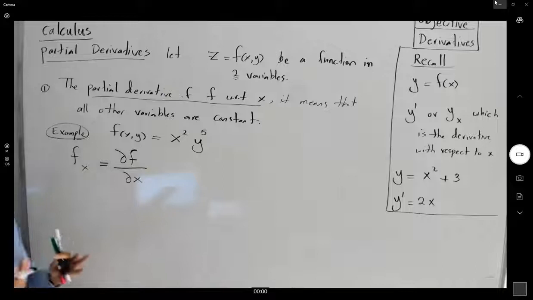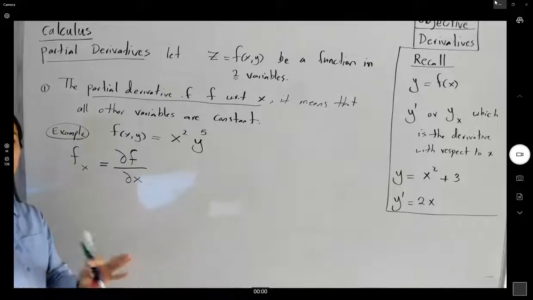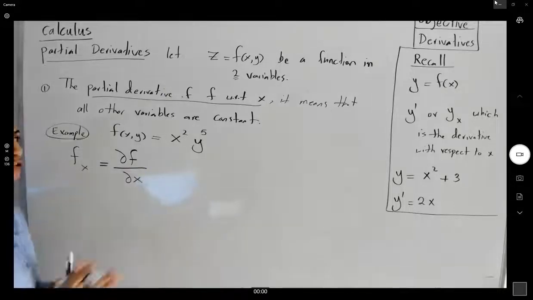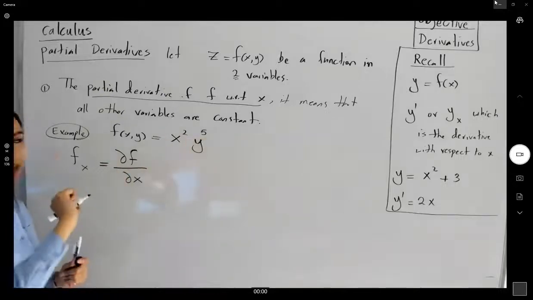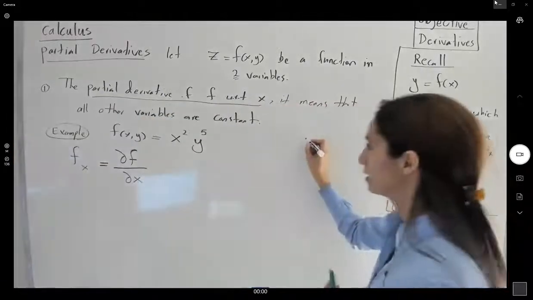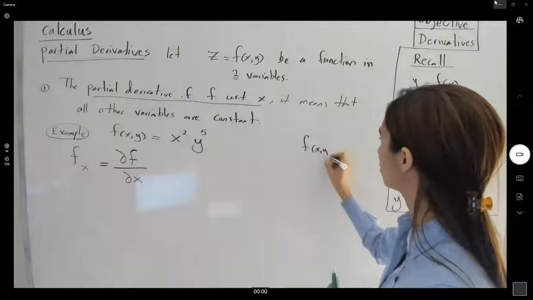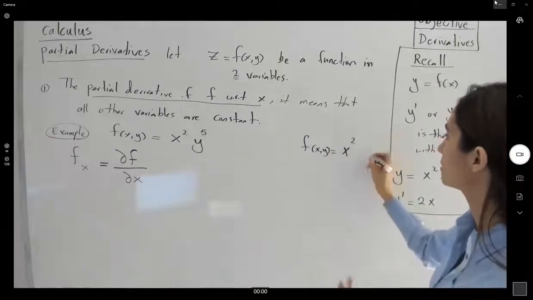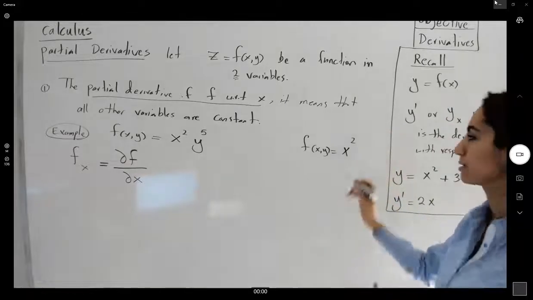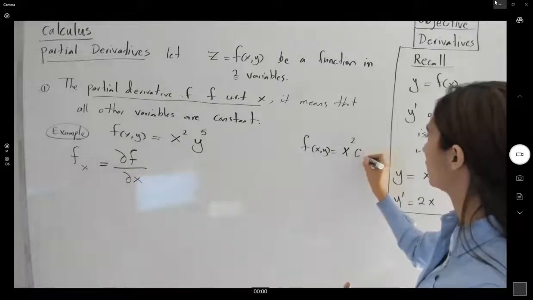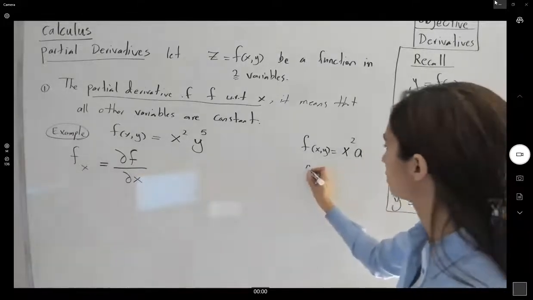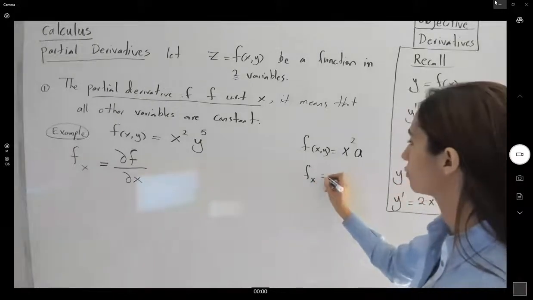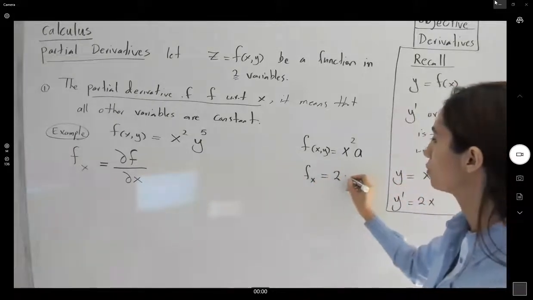So you take the derivative and you assume y is a constant, like in this case. f of x and y is equal to x squared times a constant. Let's call that constant a. So if I take the derivative of f with respect to x, it's going to be 2x.